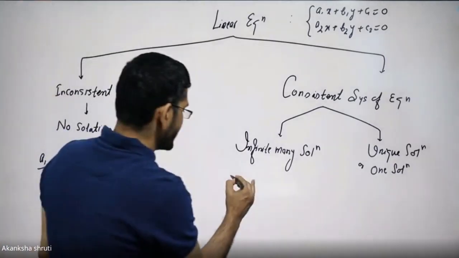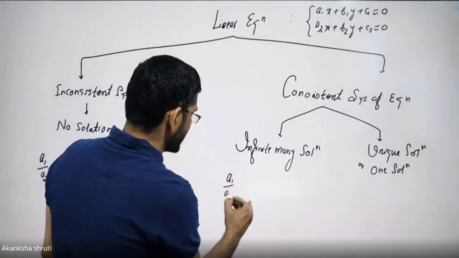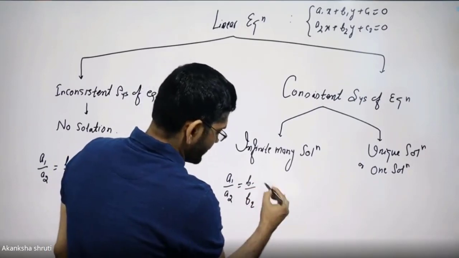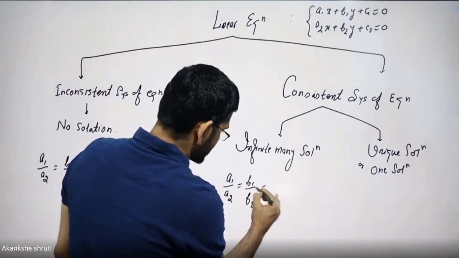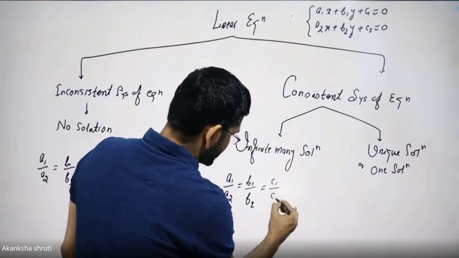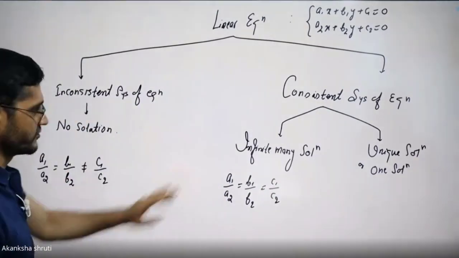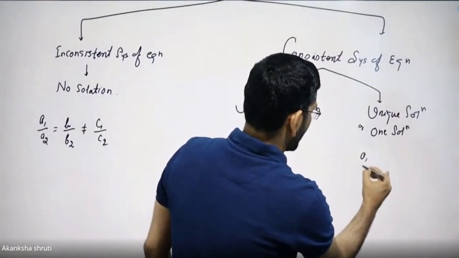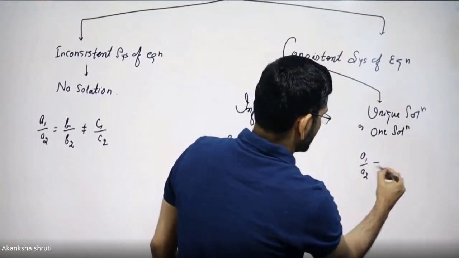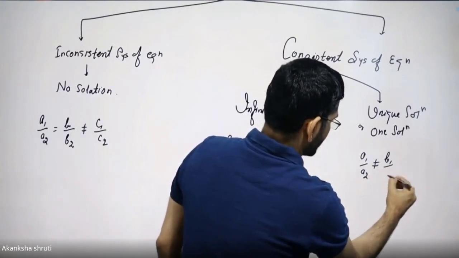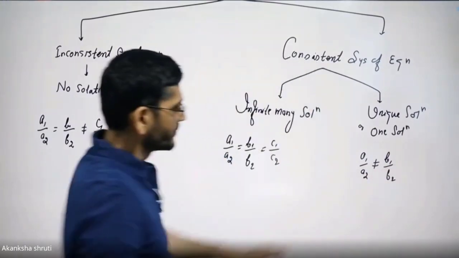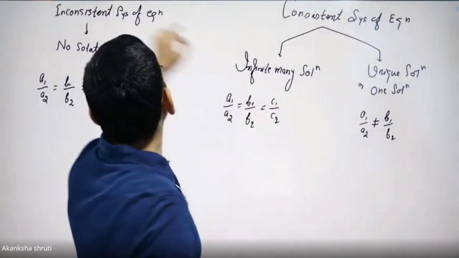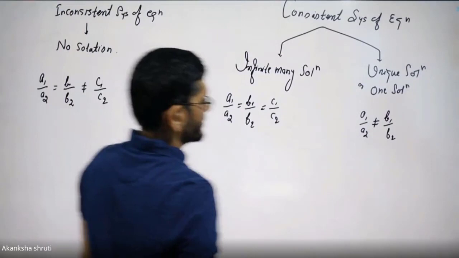For infinite, a1 by a2 will be equals to b1 by b2 will also be equals to c1 by c2. Keep in mind, this is the only difference. For the unique solution, a1 by a2 is not equals to b1 by b2. This is the condition. Whether this is equals to c1 by c2 or not, that doesn't matter.